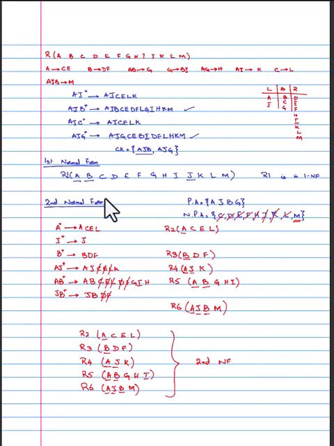Now see another example. R is defined over A, B, C, D, E, F, G, H, I, J, K, L, M, and these are the relations given. Remember, if it is asked in an exam, the examiner can directly give you these relations or can directly give you a table as you saw in the last lecture.